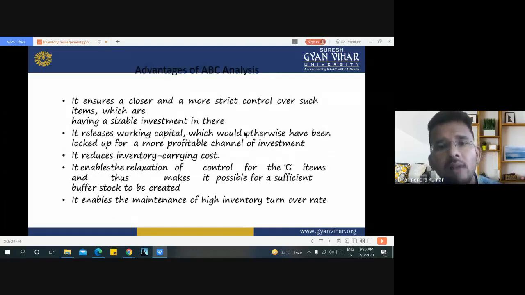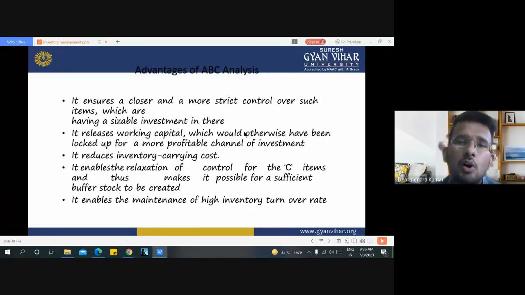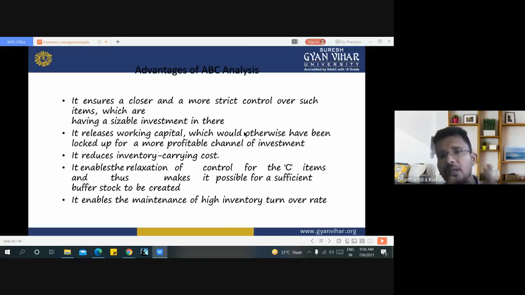Here are some advantages of ABC analysis. It ensures a closer and more strict control over such items which have a sizable investment in them. We can also say that in ABC analysis we distinguish the products according to the total cost of inventory invested, and it also relates to the total number of components.